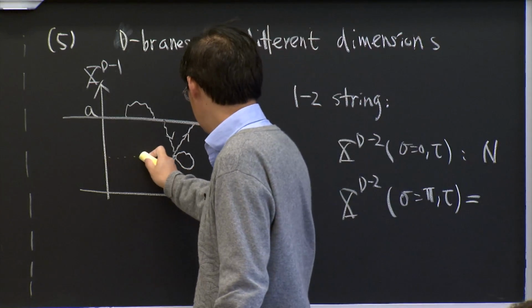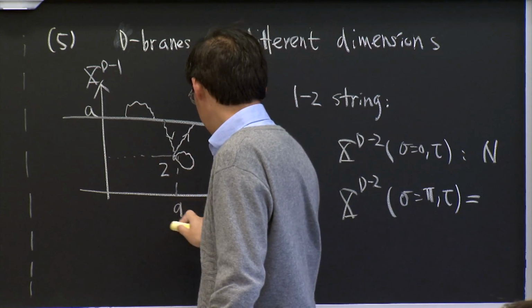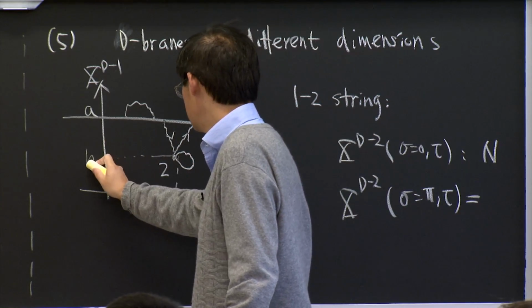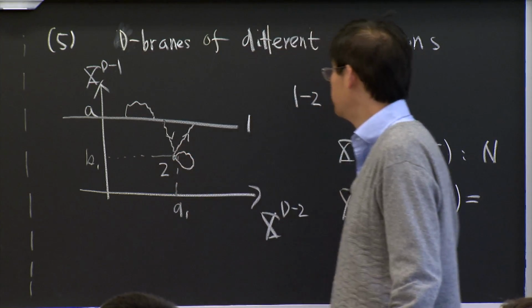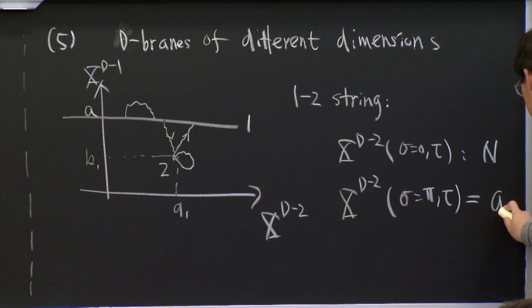So let's suppose this is A1, B1. Then at that end we fix at A1. Okay, so this is the 1, 2 string.